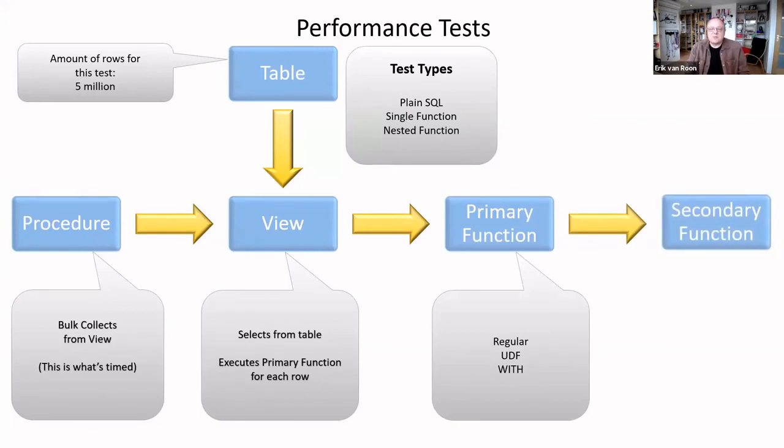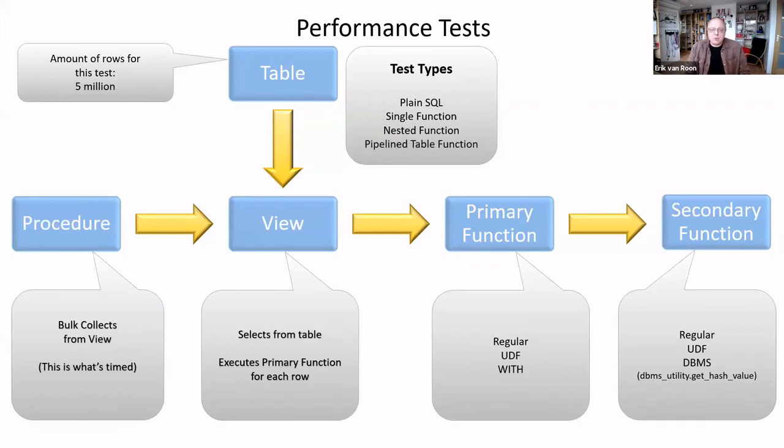And that secondary function can then be of types regular, UDF, or DBMS, which means an Oracle function that is in one of the DBMS packages. In my case, I chose get_hash_value from the DBMS_UTILITY package. Obviously, the secondary function is not a with function because we want to call out of the with function to that.